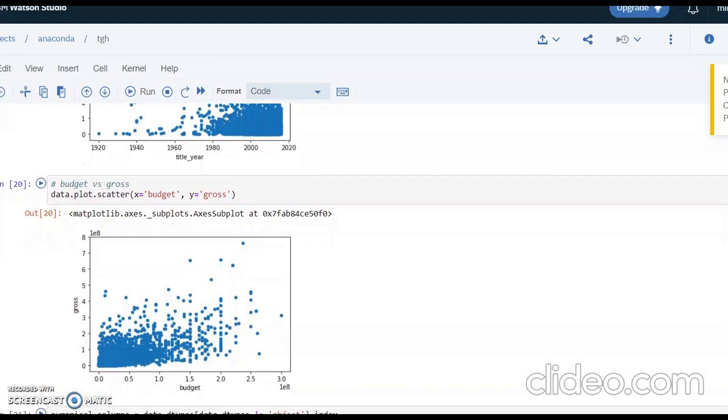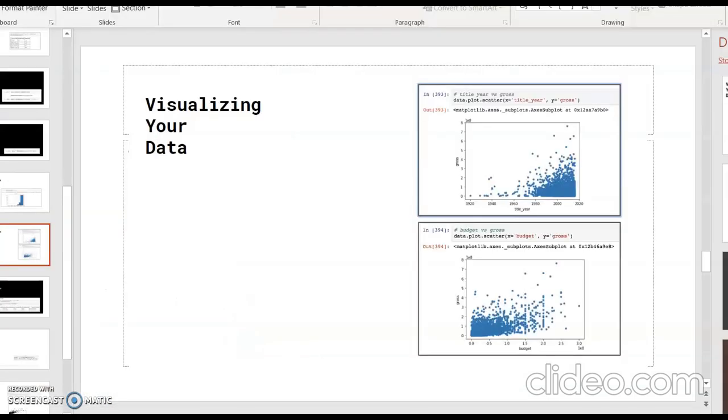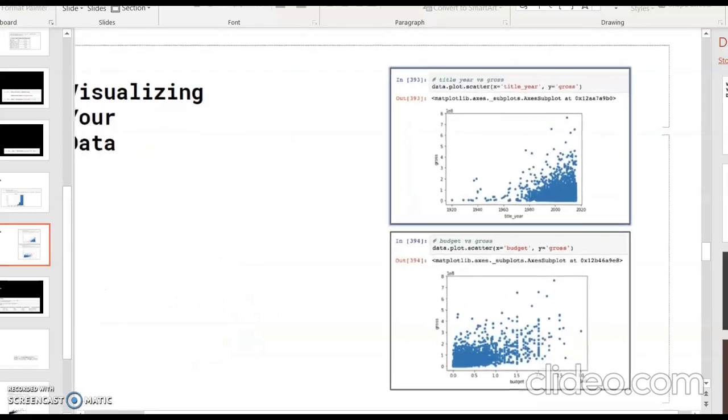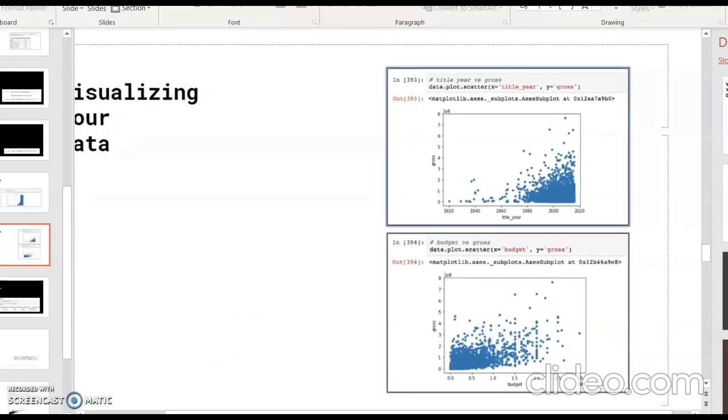With this, we're going to see the year and the gross per year. And if we see this, it's not really surprising because, as I said, as technology became more powerful, the gross increased.